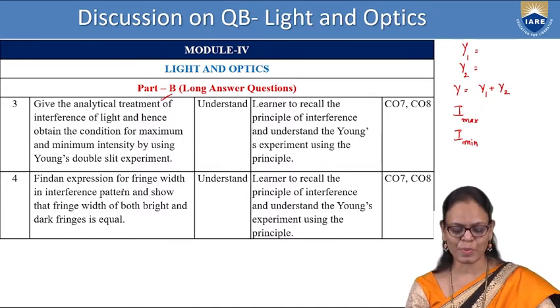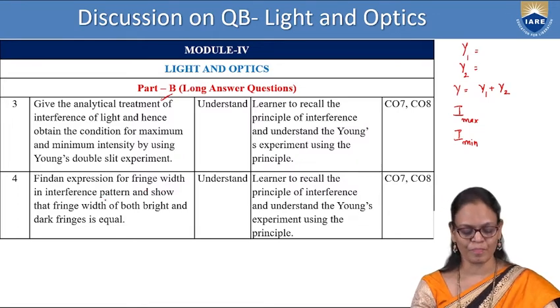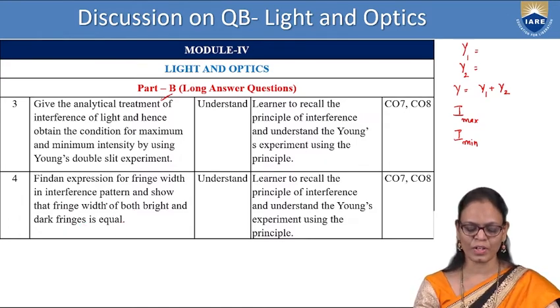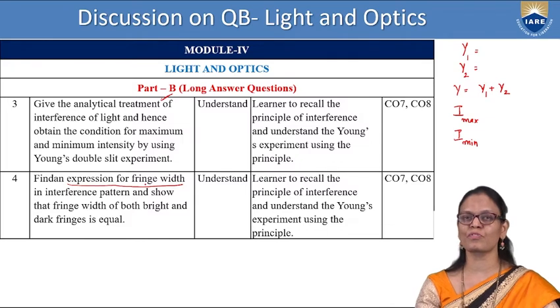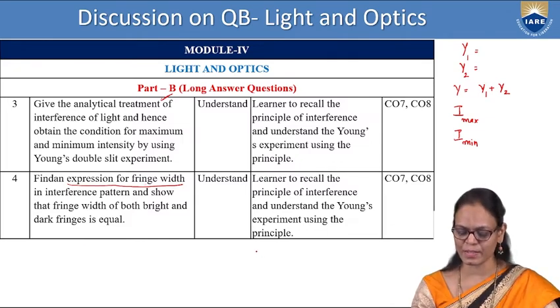Then find an expression for the fringe width in an interference pattern and show that the fringe width of both bright and dark fringes is equal. First you have to derive the expression for fringe width. We have already discussed how. Take x(n+1), the (n+1)th bright fringe, minus x(n), the nth bright fringe.